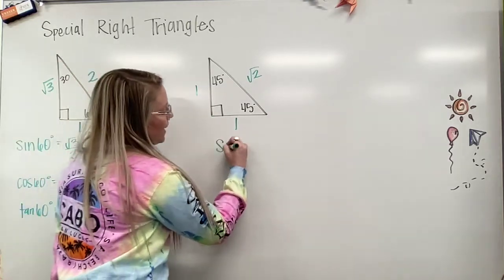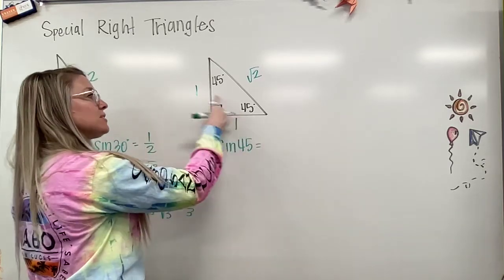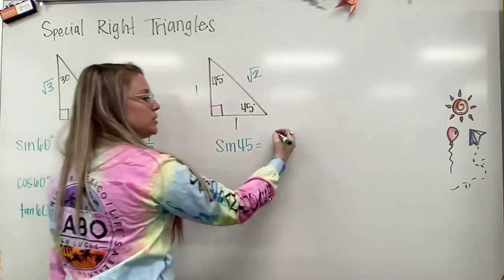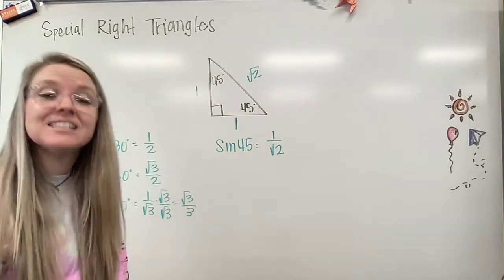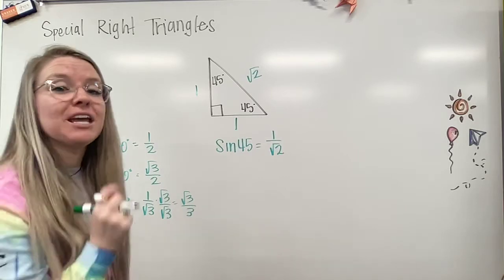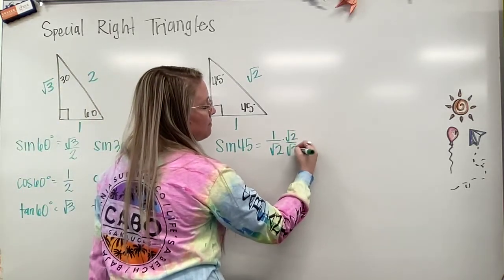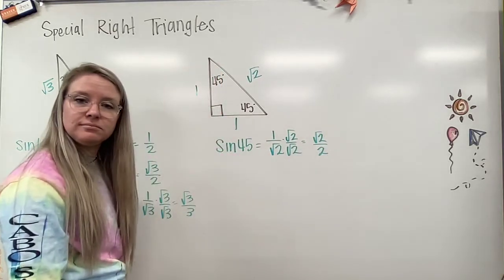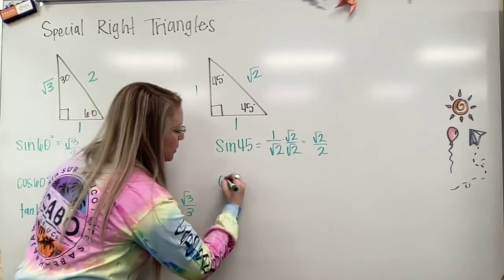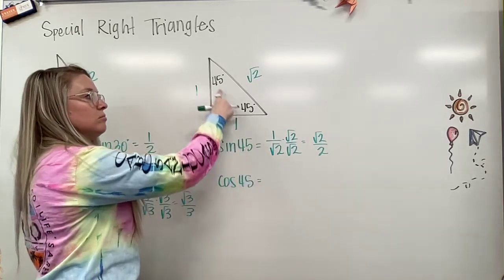So if I try to find the sine of 45, sine is opposite over hypotenuse. I get 1 over root 2. And when I rationalize that, I'm going to get root 2 over 2. Well, what's going to happen when I do the cosine of 45?